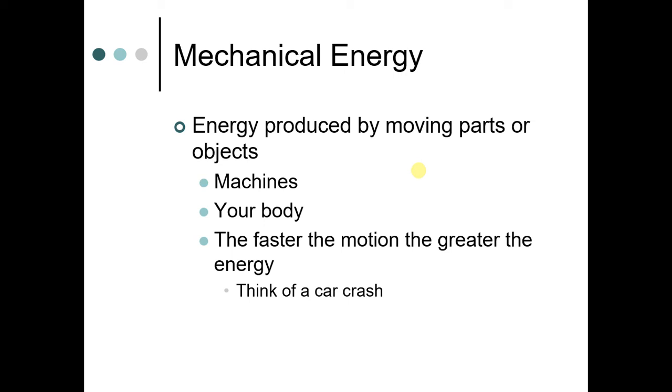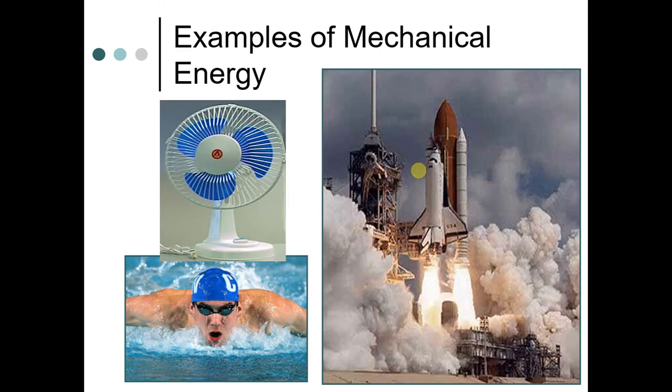So think back to our car crash lab where a greater speed ended up in a more serious accident, because a car crash involving a greater speed also involves more energy that has the potential to do harm. So, as an example, the blades of a fan moving, mechanical energy, or a swimmer moving through the water, or a rocket ship blasting off, all mechanical energy.